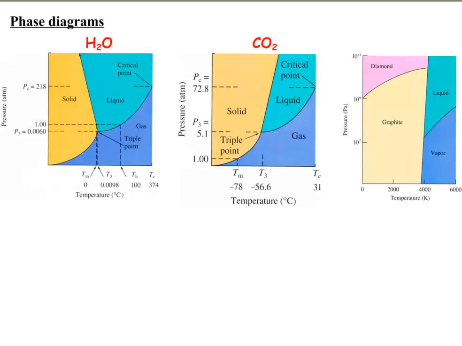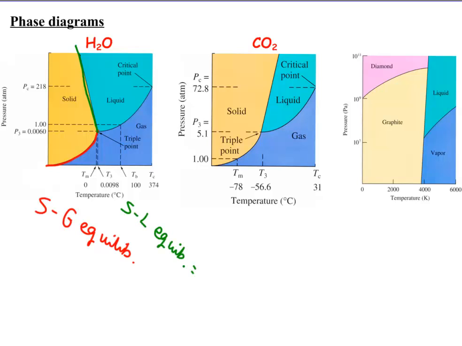So each of these curves is an equilibrium line. So this line right here is the solid gas equilibrium. That is where the solid is subliming at a given temperature or pressure, and it's at equilibrium doing that. This line is a straight line, at least for water, and this is the solid liquid equilibrium.